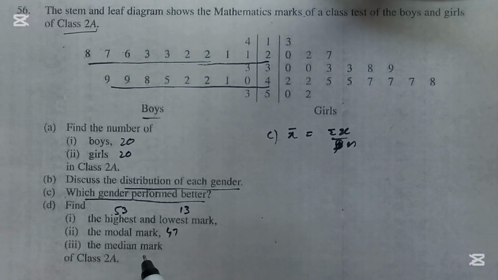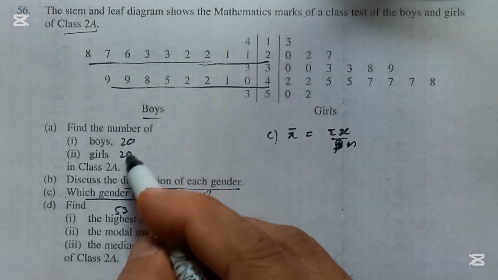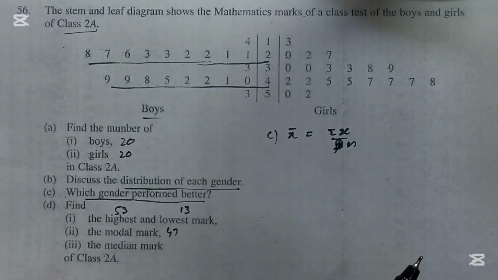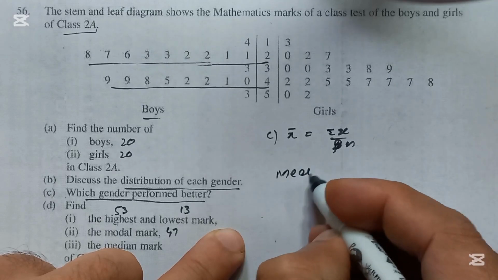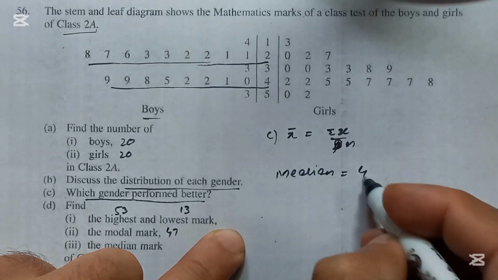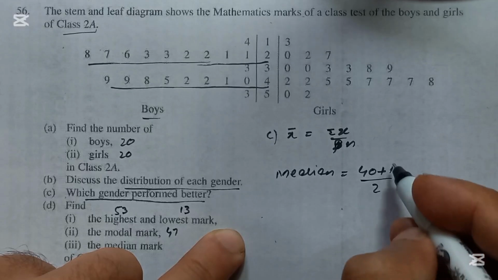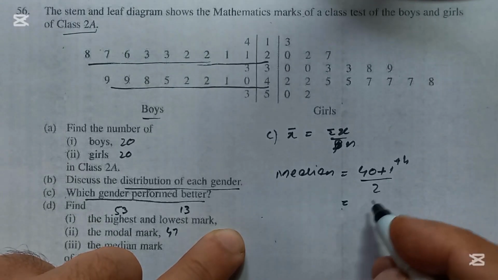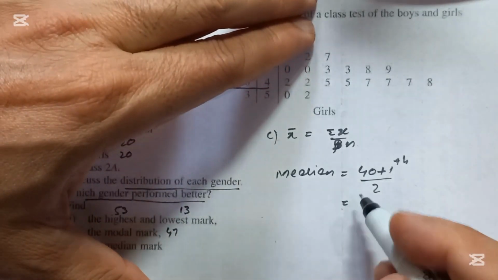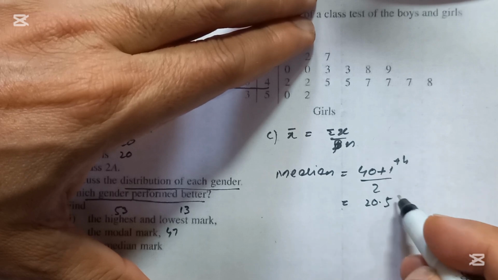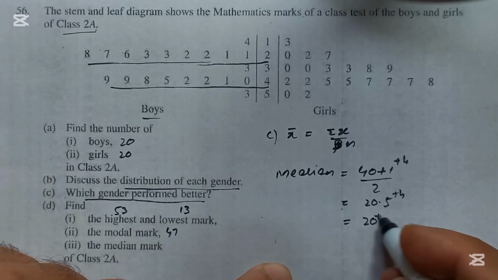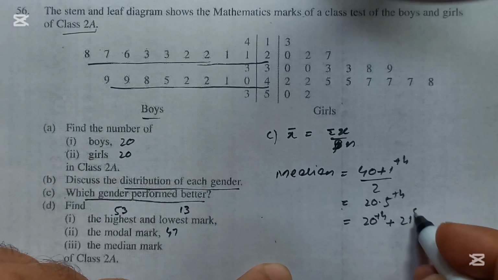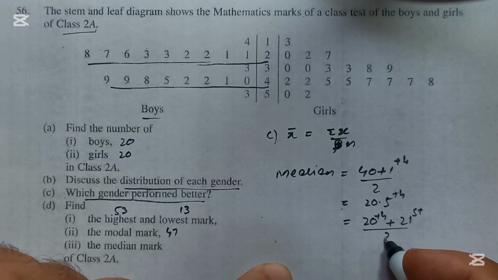And the final requirement is to find the median. In total there are 40 students. The median can be found by the 40 plus 1 divided by 2th term, which is equal to 20.5. So it means the 20th and 21st students' mean will be the median.